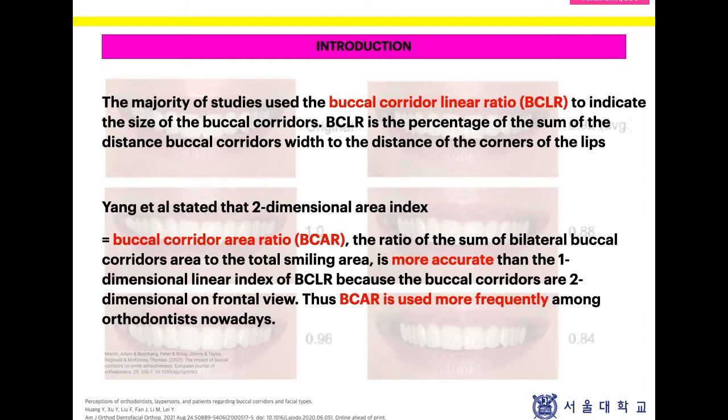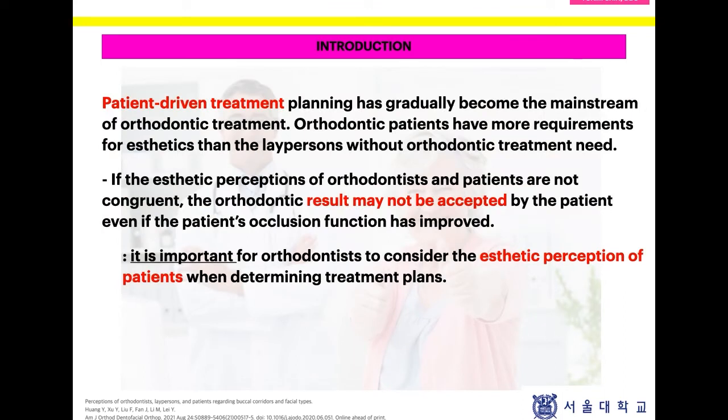Yang stated the two-dimensional area index, which is called buccal corridor area ratio, BCAR, the ratio of the sum of the bilateral buccal corridors area to the total smiling area, is more accurate than the one-dimensional linear index of BCLR because the buccal corridors are two-dimensional on a frontal view. Thus, BCAR is used more frequently among orthodontists nowadays.